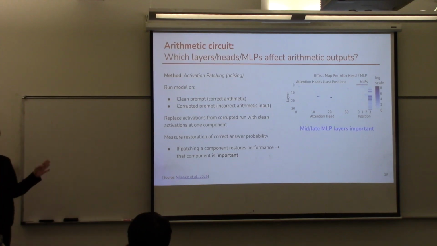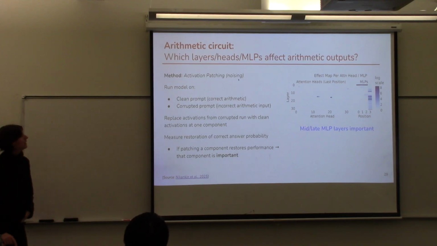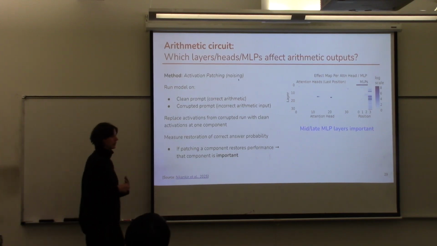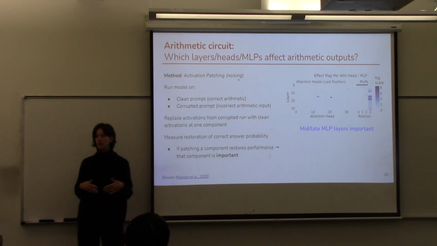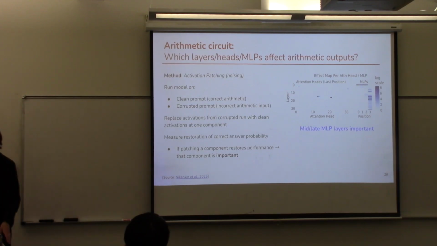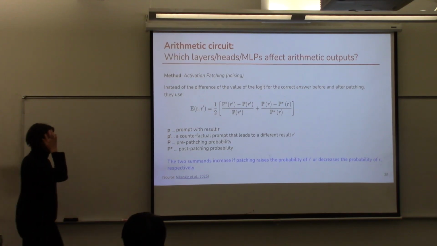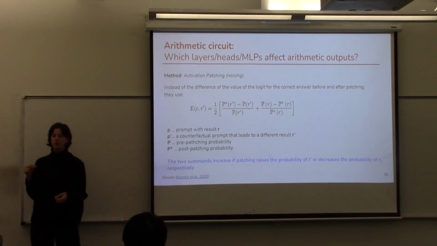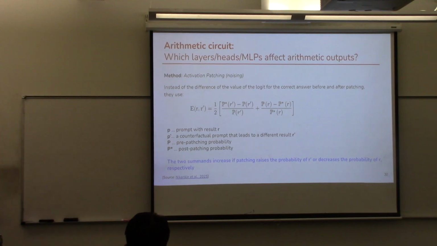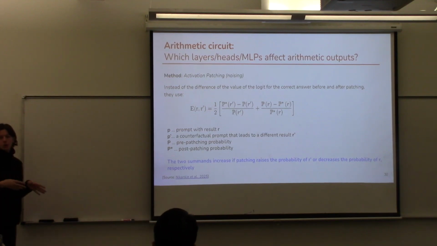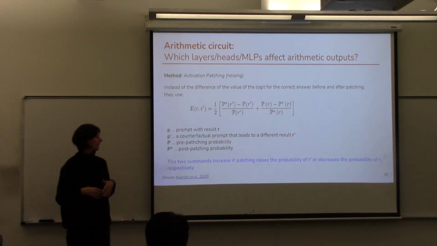So we have covered this slide about 3 times already. I did have a mistake, and last time I said this is denoising, rather than what we're doing, noising. They made a clean run and patched it with the corrupt representation. And then I told you that instead of using just the difference of the logit of the correct answer, they are using a little bit more complicated formula.